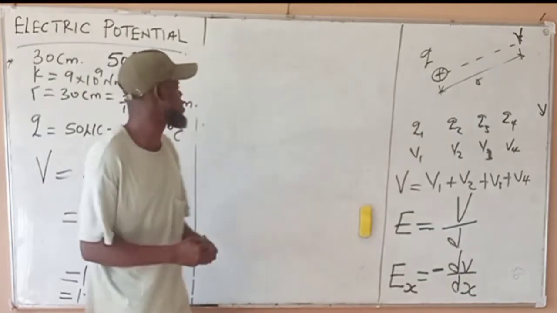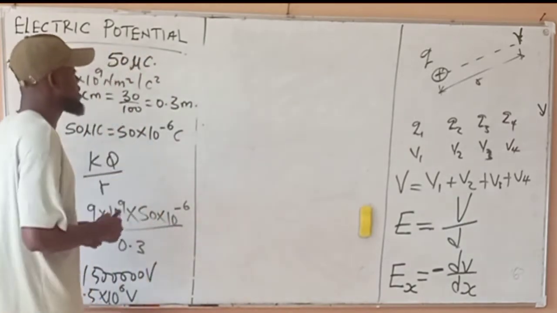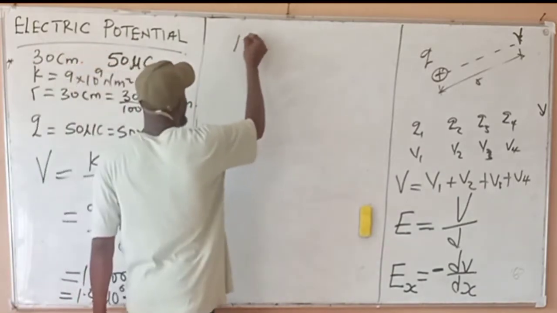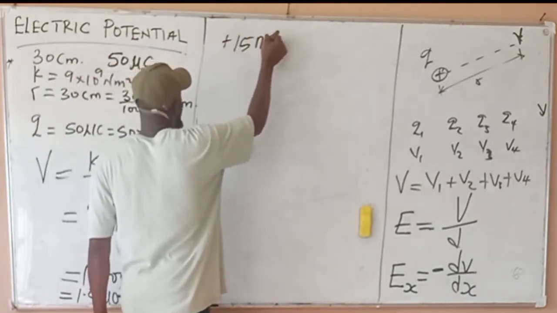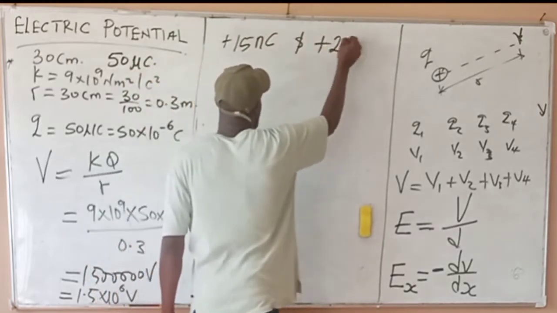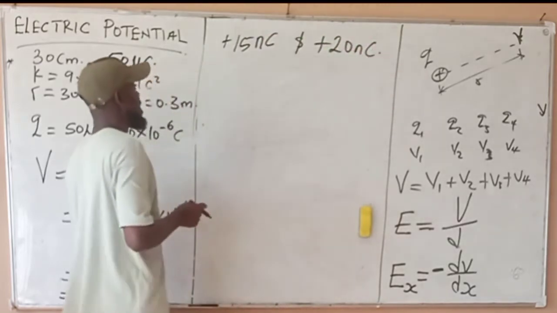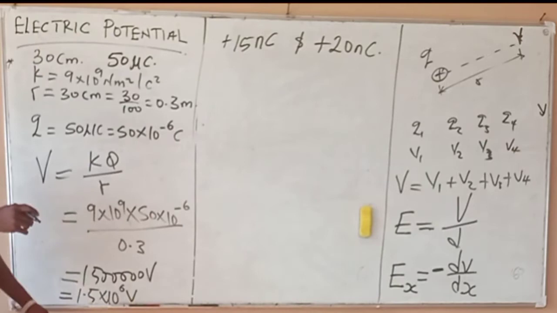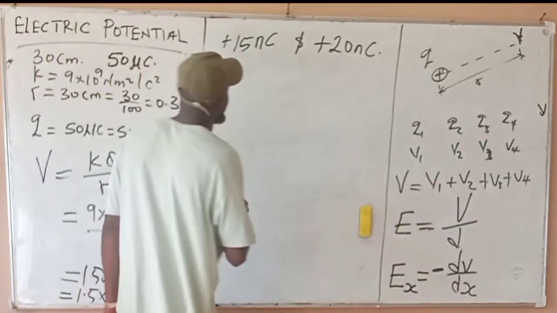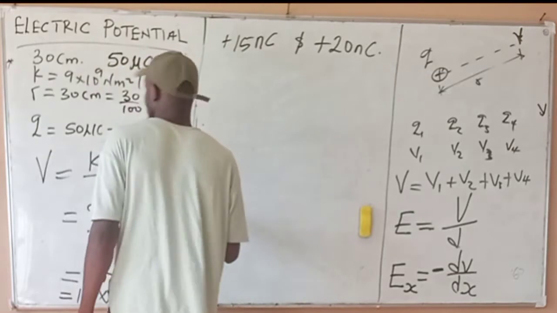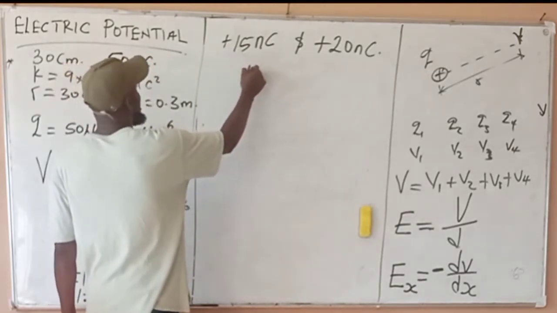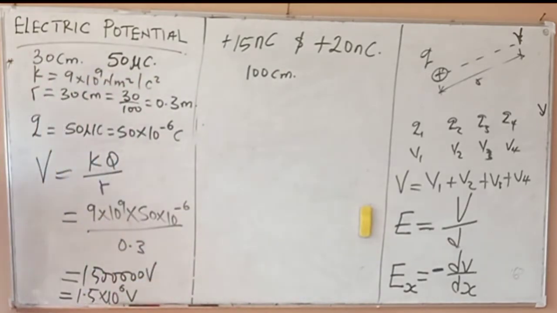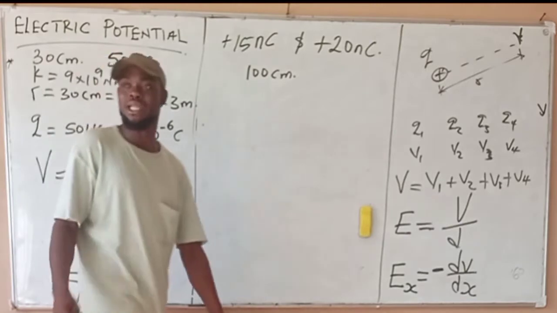Next question. Take this down. Two point charges of plus 15 nanocoulomb and plus 20 nanocoulomb are 100 cm apart.